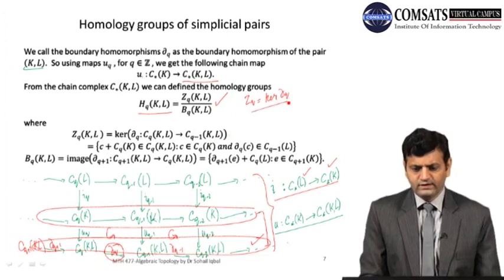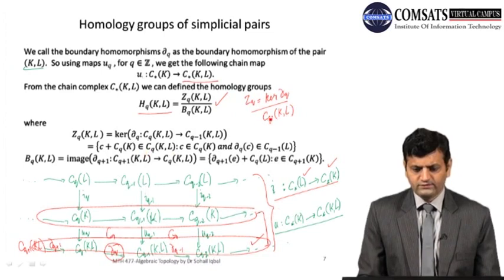So how are these defined? Basically these are the elements of C_q(K,L) which go to 0.